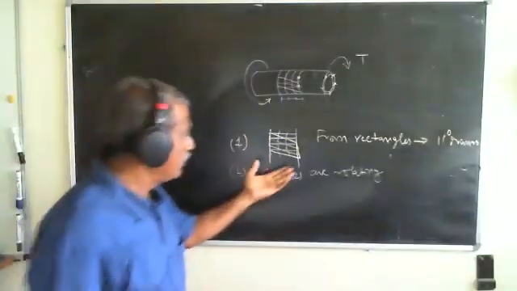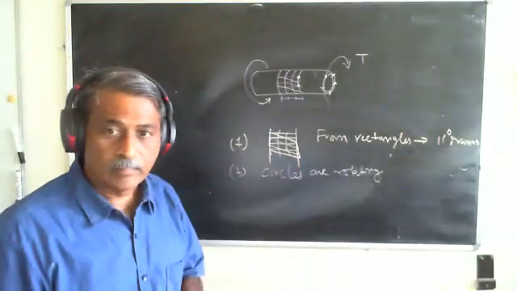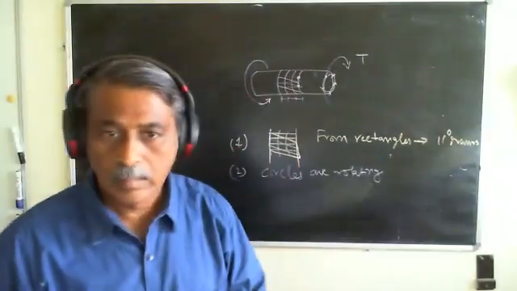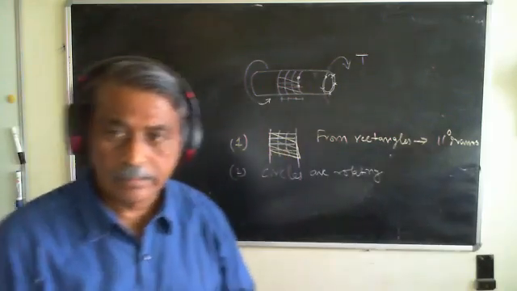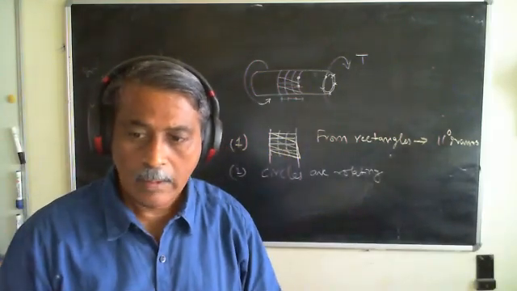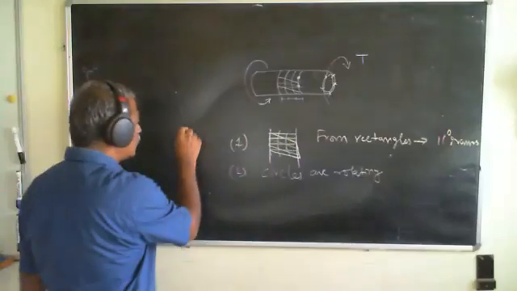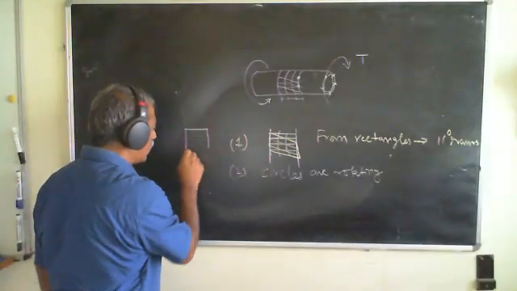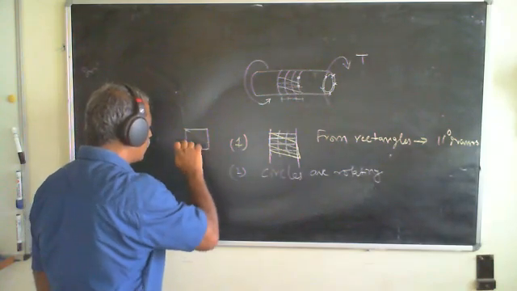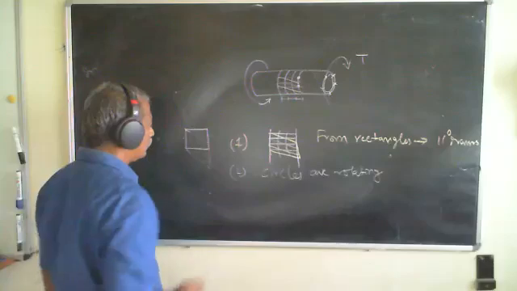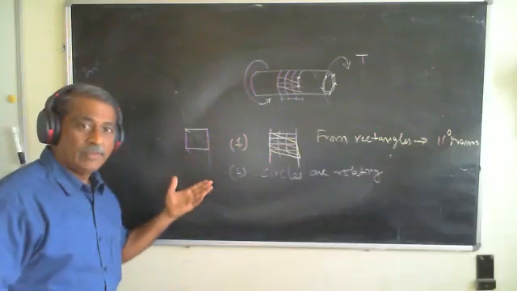What kind of deformation is this? What was initially, so if I take one single square or a rectangle, this has now become parallelogram. What kind of deformation is this?